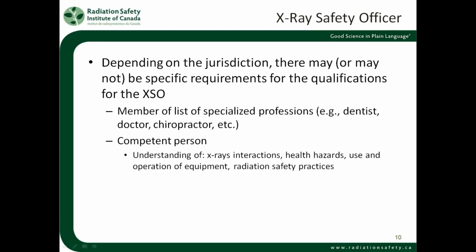So depending on the jurisdiction, there may be some specifications for who may act as an X-ray safety officer, but in general, we want the person in charge to have a good understanding of X-rays, understand what the health hazards are, and know how to use the equipment safely to protect workers and members of the public.